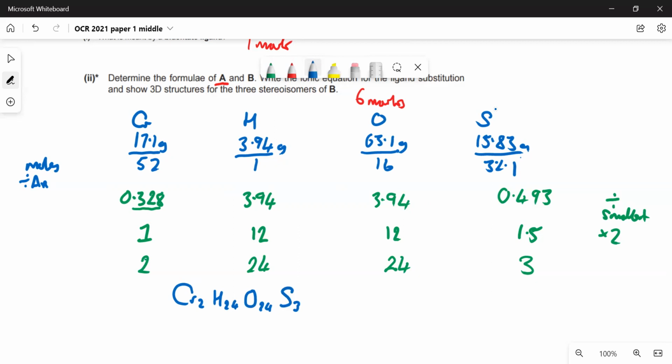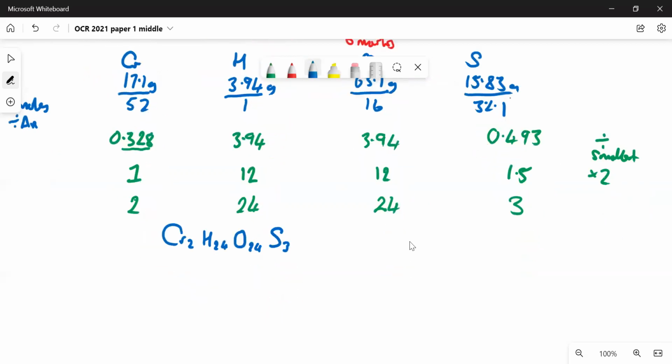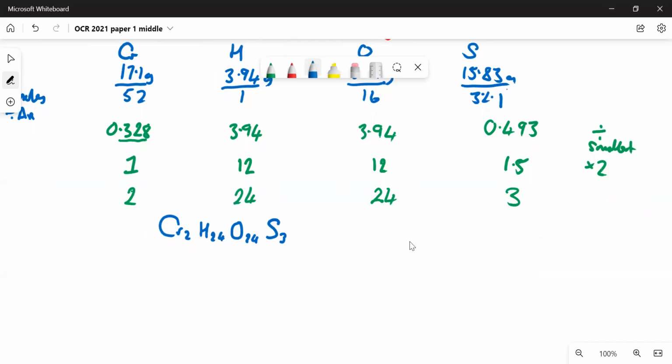So let's just think what it really is. They tell us that the chromium is in the 3+ state, and we've got 2 of those. They tell us it's hydrated, so all those hydrogens have got to come from water. That means we must have 24 hydrogens, that's 12 waters. So that means we have 12 oxygens left over and 3 sulfurs left over.